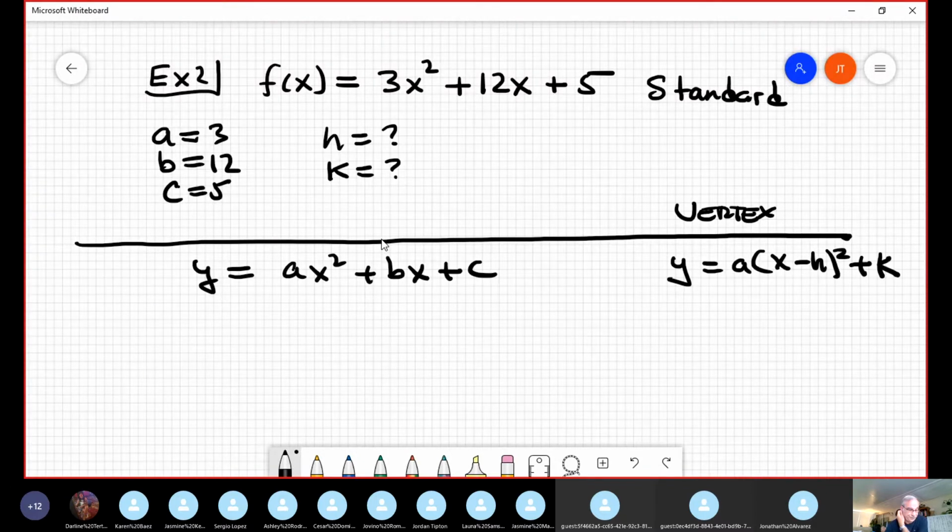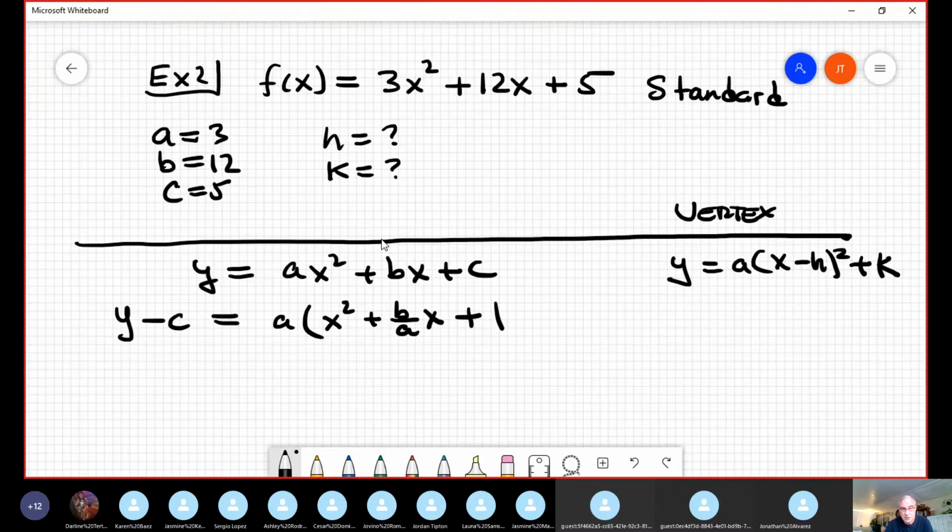Okay, what should I do? Well, I propose you bring C to the other side. Subtraction. I factor out A. I know that it's no common factor, but I enforce it to be. So it's x squared plus b over a x plus empty box.